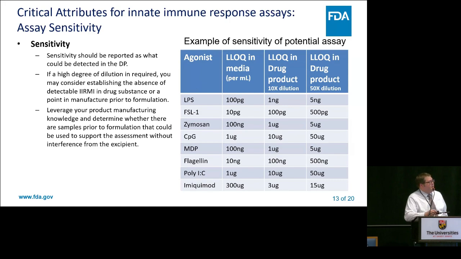So simply stated, if you're having to use a 10-fold dilution, your assay sensitivity is not 100 picograms of LPS, it's actually 1 nanogram of LPS. So if you're having to dilute your drug product 50 times, you can see your true assay sensitivity to detect a drug product goes up quite a bit.